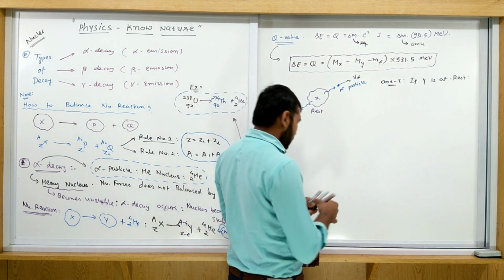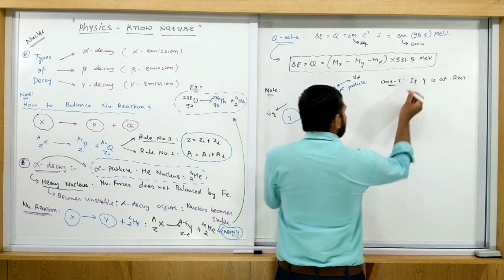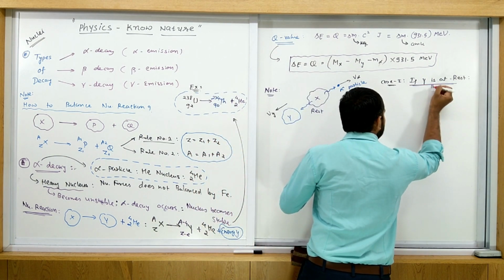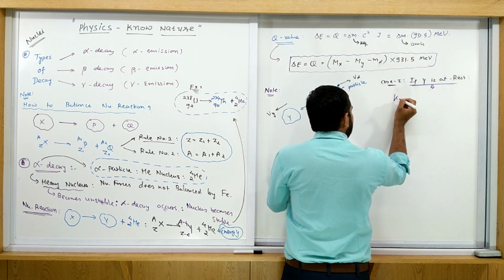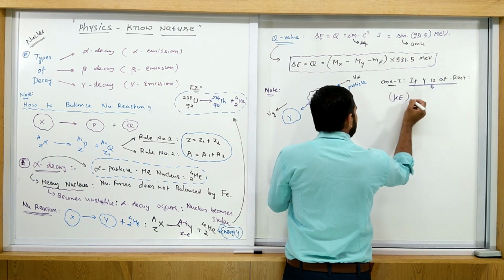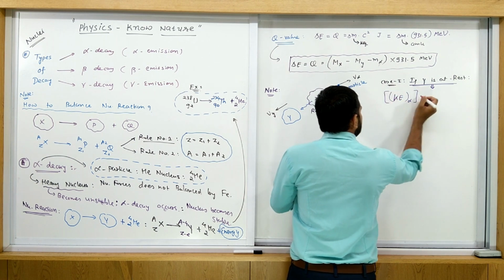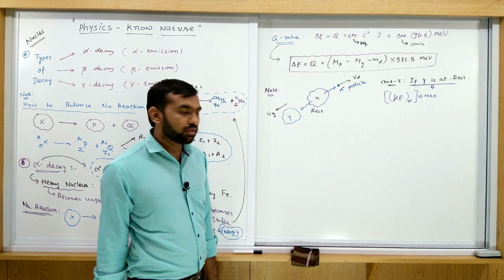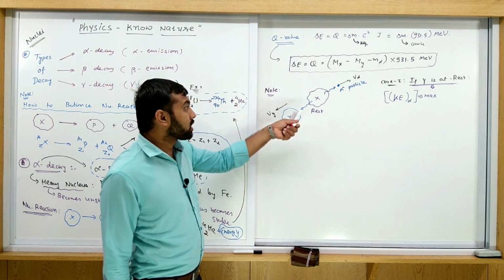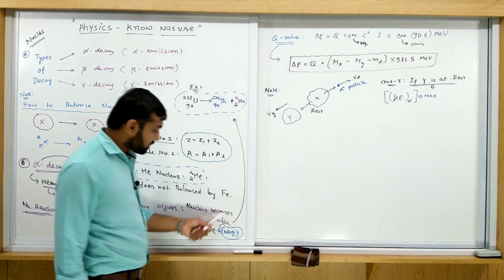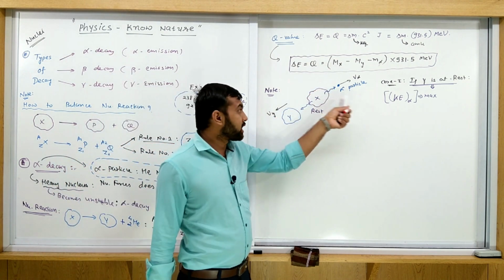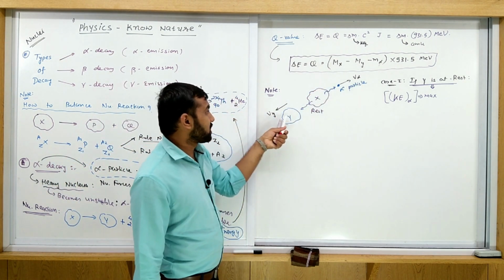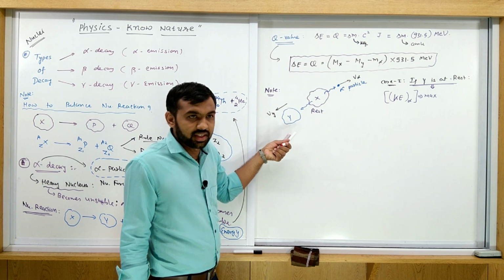So we can say that the kinetic energy of the alpha particle is maximum. Why? All the energy released here is converted into kinetic energy of the alpha particle, because Y is at rest, so it has no kinetic energy.